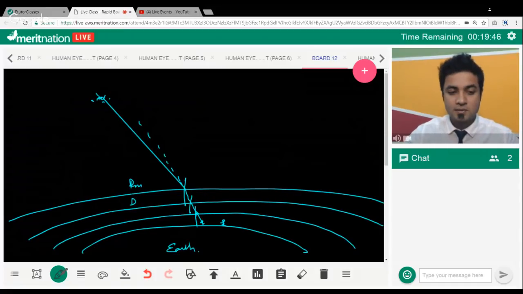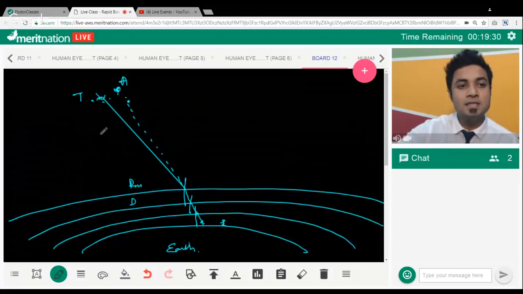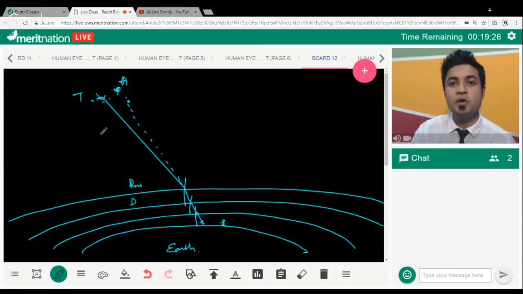I'm sorry guys, I'm not able to make it properly. Somewhere here. So this is the actual position, or I'm writing it as true position. This is going to be the apparent position. So this is what we see, and these layers' refractive index is going to change throughout the day, throughout the night.